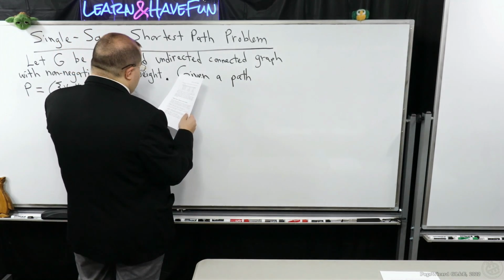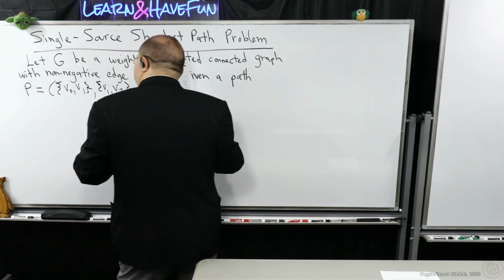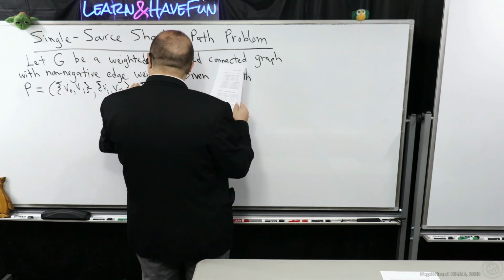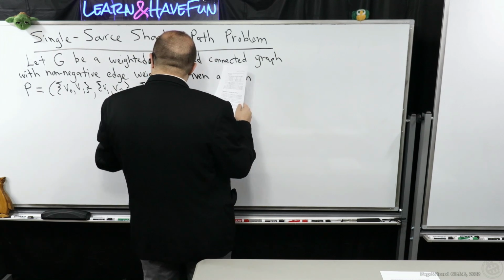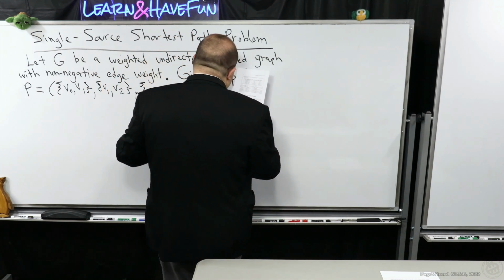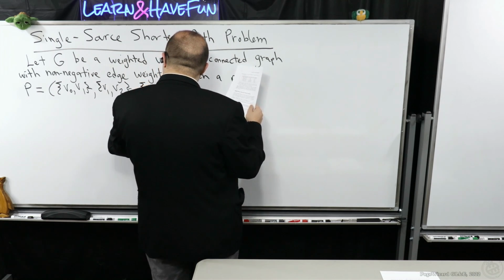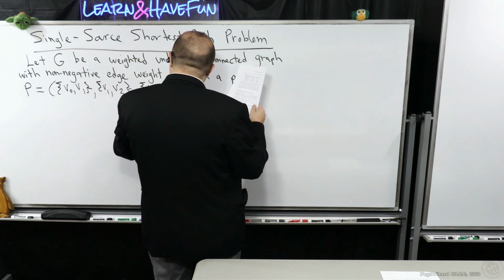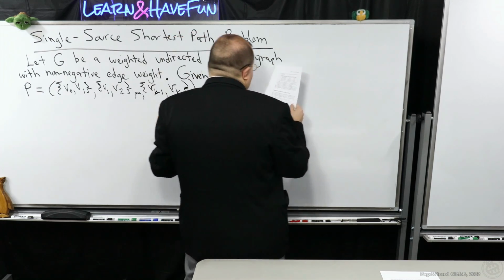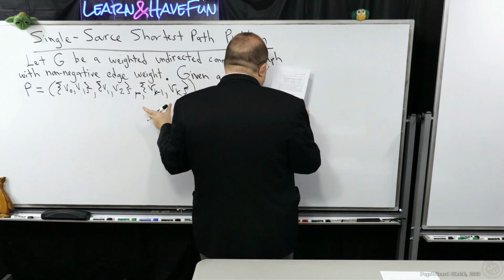It's the same information. If I didn't have any edges, it means it didn't go anywhere, right? So it goes from V0, V1, V2, all the way up to V(k-1) to Vk. So this is what my path would look like in terms of the edges.